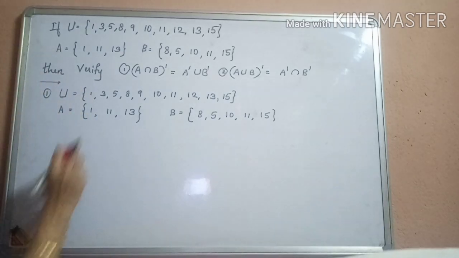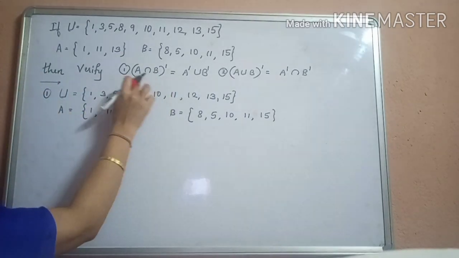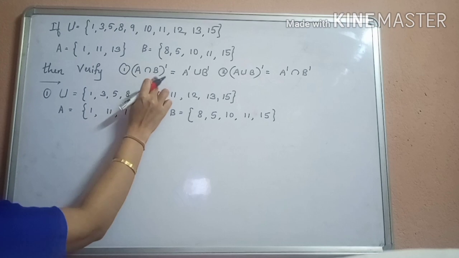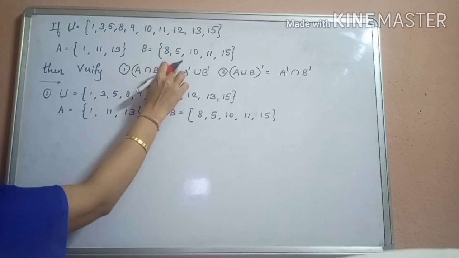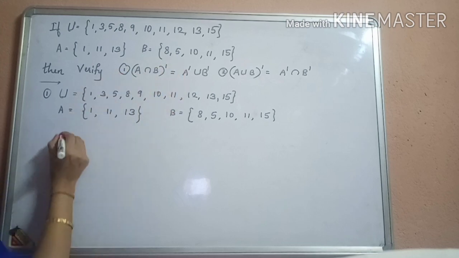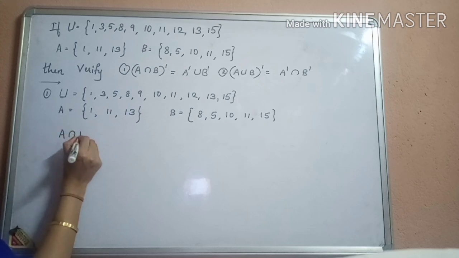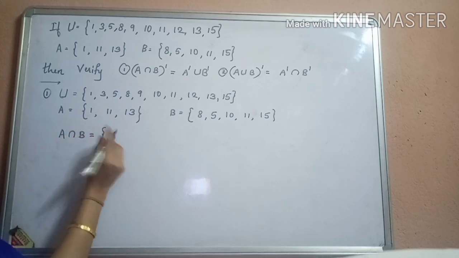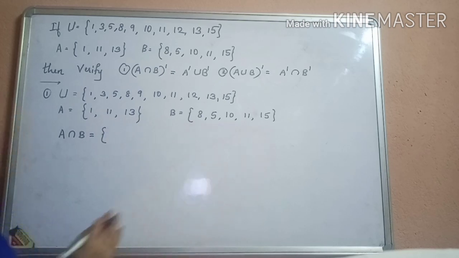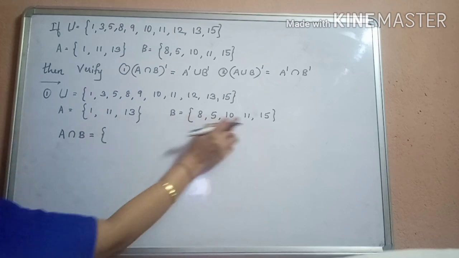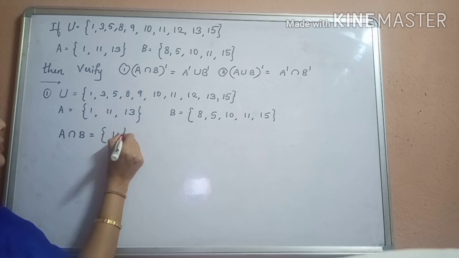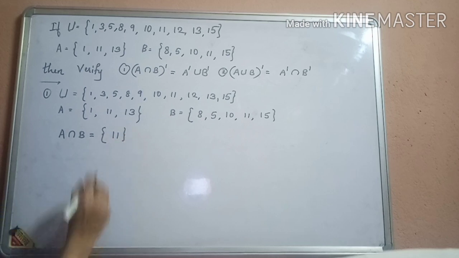Now, we have to find out A intersection B complement. For complement, first we should know A intersection B. So first we will find out A intersection B. In A and B, the intersection is only 11. So we will write down 11. Now, A intersection B complement.